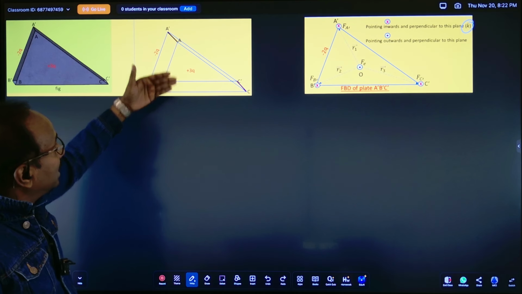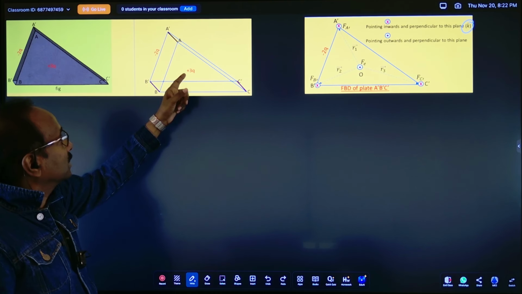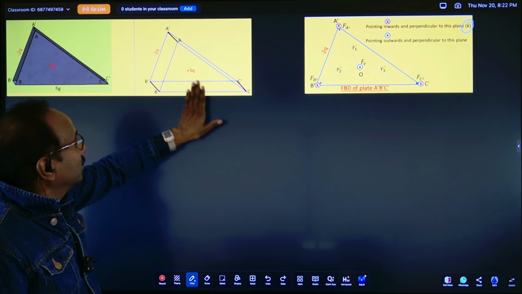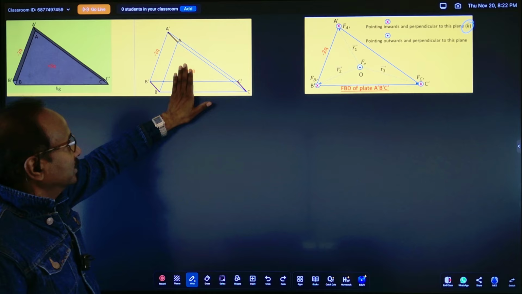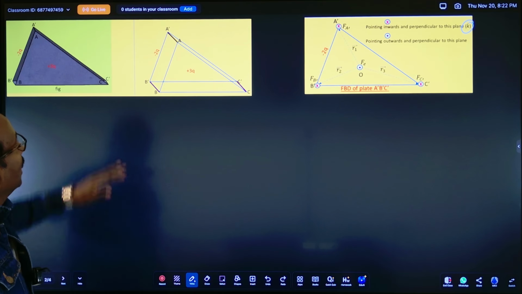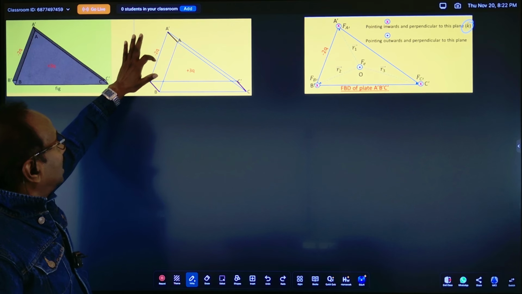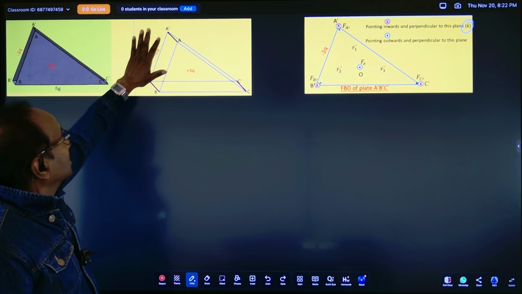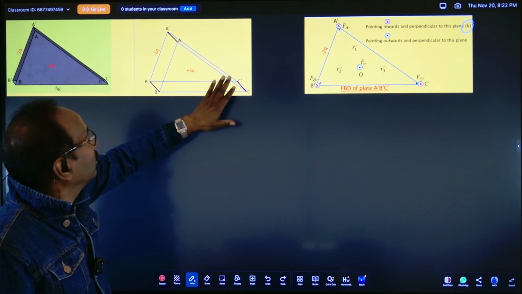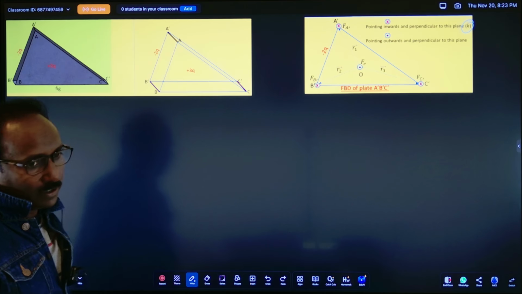The front plate is having +3q charge distributed uniformly over its entire surface. And the backside plate is having -2q charge spread uniformly over its entire surface.